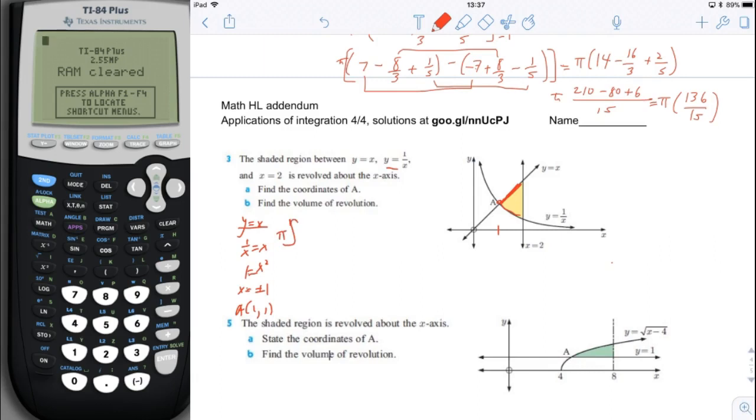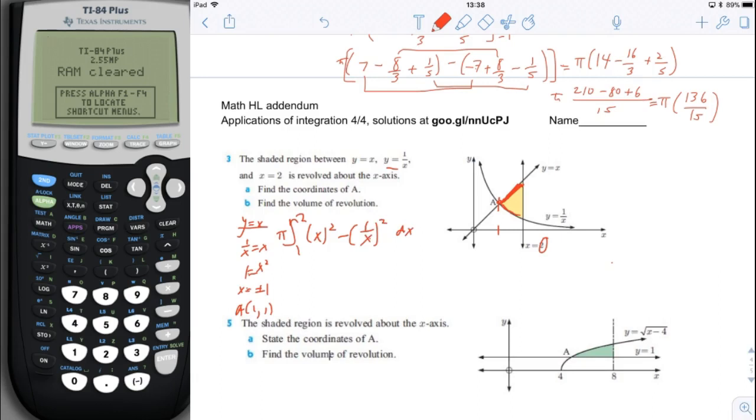And the limits of integration are going to be the x-coordinate of A and 2, so it would be 1 to 2. And the first function squared is going to be the function that's farther away from the x-axis, which is y equals x, so it would be x squared. The second function squared would be the inside function, which would be 1 over x, so it would be 1 over x squared, and dx.